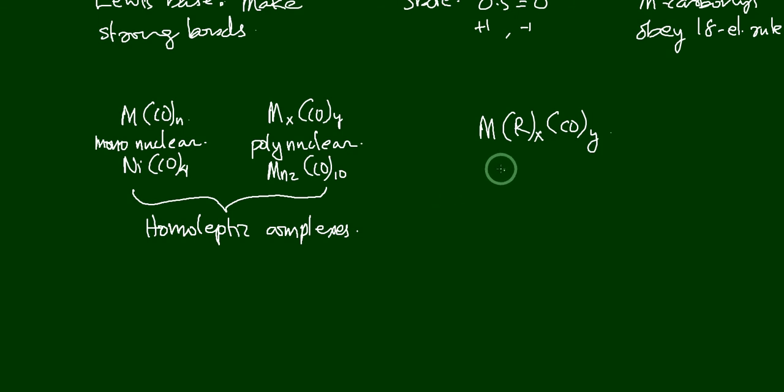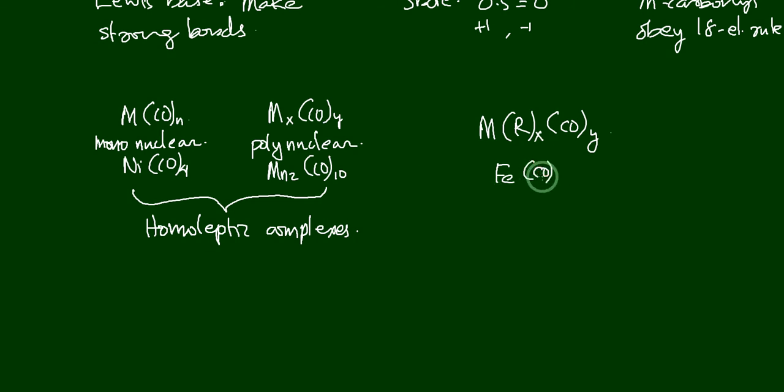This is also a carbonyl, but not all the ligands in this complex are carbonyl. Some other ligands are also there. R is given here; R can be anything. For example, R can be a phosphine ligand. For example, you can see this one, Fe. Sorry, let me write it clearly.